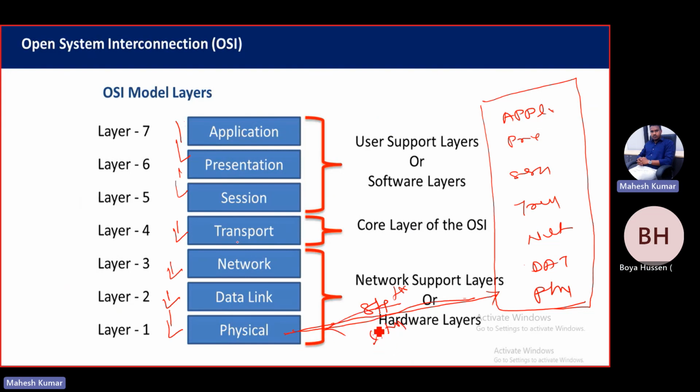If it is a copper cable, it will send it in electrical form. So based on the type of cable, it will modify the signal.